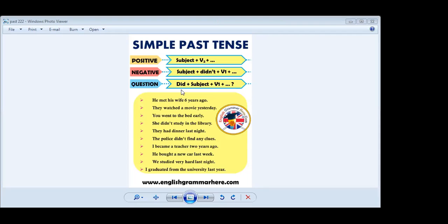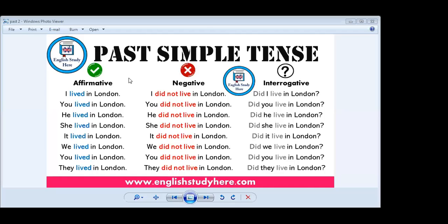So now let's move to have examples, okay? Now, let's see this picture. Those are examples of how to make affirmative, negative, and interrogative in the past tense, okay? Look.